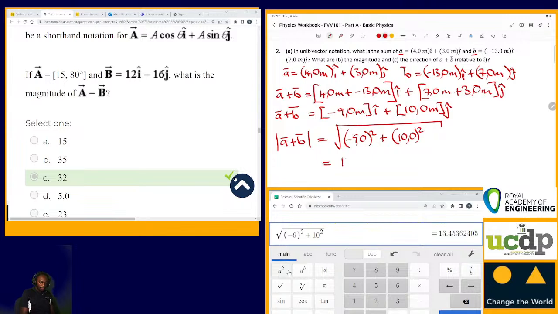We'll get 13.45, right? That is what we get.